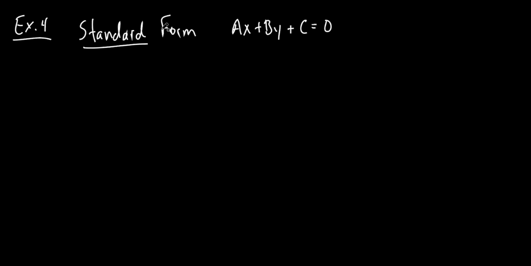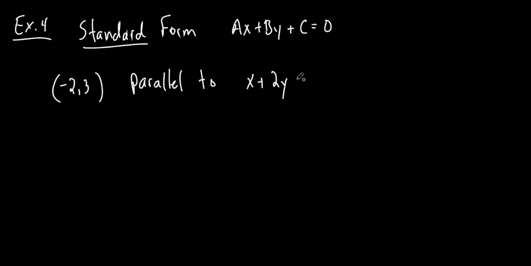It says write the standard form of the equation of a line passing through. I'm not going to write all those words. It's in the book, but I'm just going to put the important information down. That passes through (-2, 3) and is parallel to this line: x plus 2y equals 8.